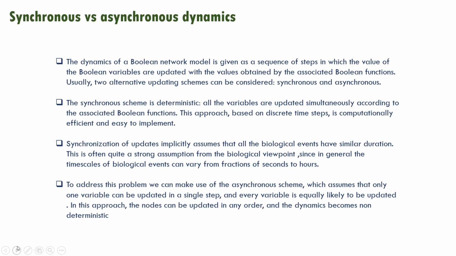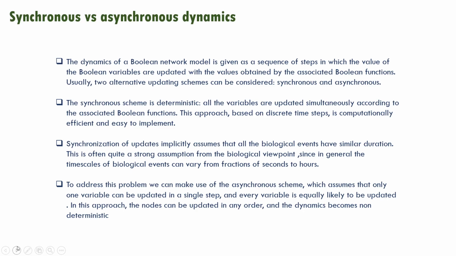This approach based on discrete time steps is computationally efficient and easy to implement. Now, synchronization of updates implicitly assumes that all biological events have the same duration. This is often a quite strong assumption from a biological viewpoint, since in general the timescales of biological events can vary from fractions of seconds to even hours. So this is something that you need to keep in mind.